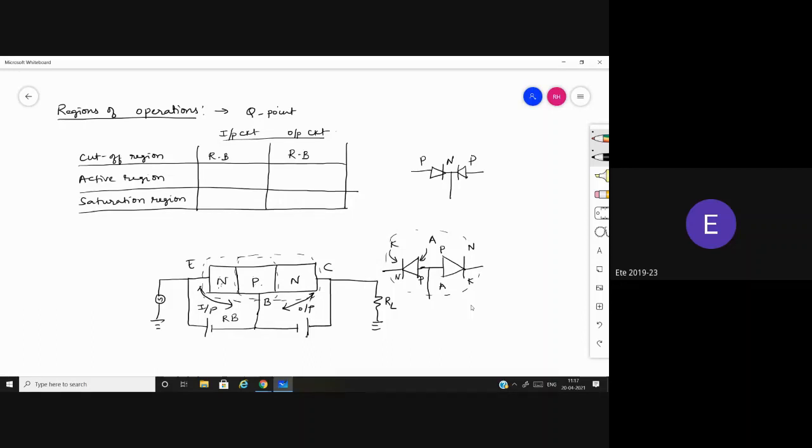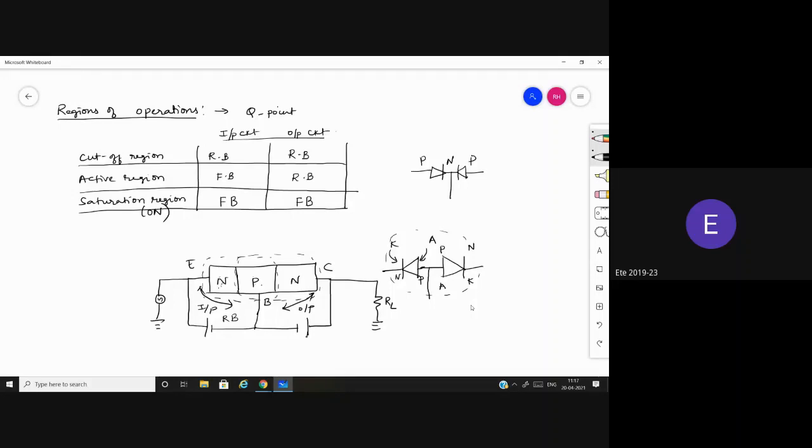If you want the transistor to work as an amplifier, then you should operate in active region. Later on I'll show the graph also. In active region, the input circuit should be forward biased and the output circuit should be reverse biased. If you want your transistor to work in saturation region, that means in on state, then both the input circuit and the output circuit should be forward biased.